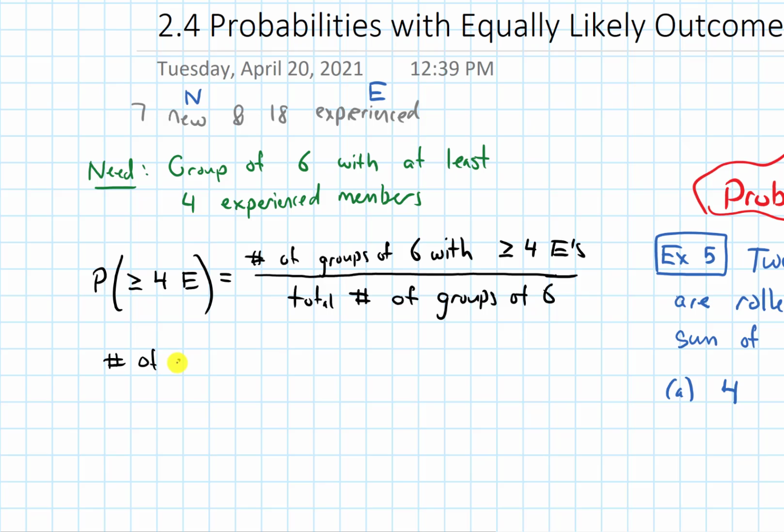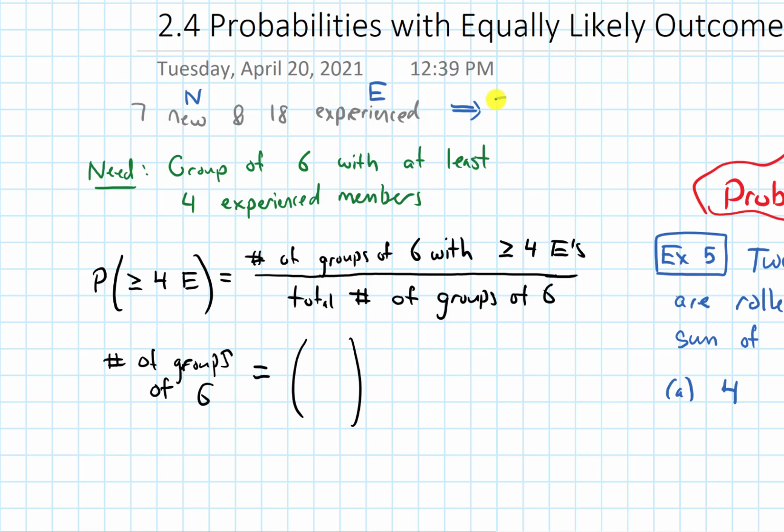The number of groups of 6 dancers. I'm just choosing 6 dancers from the overall group of dancers on the dance team. And when I do that, the order in which I pick the dancers does not matter, so we're going to use combinations. And how many total dancers do we have?